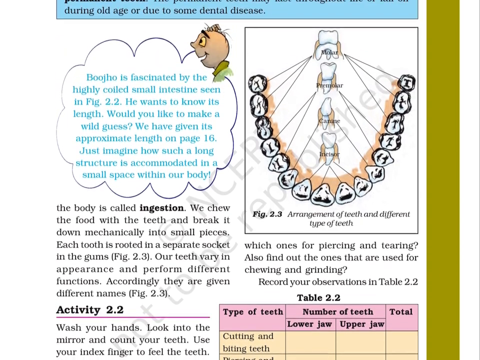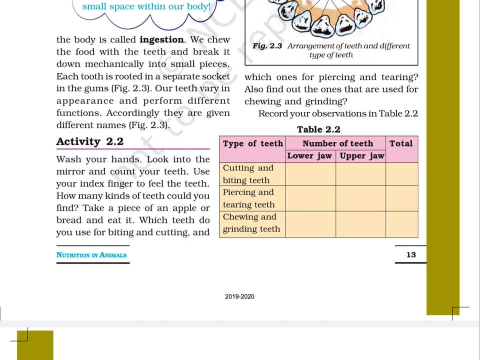There's a table given here. In this table, there are 3 rows and 3 columns. The first column tells us about the type of teeth. In the second column, you have to write the number of teeth.